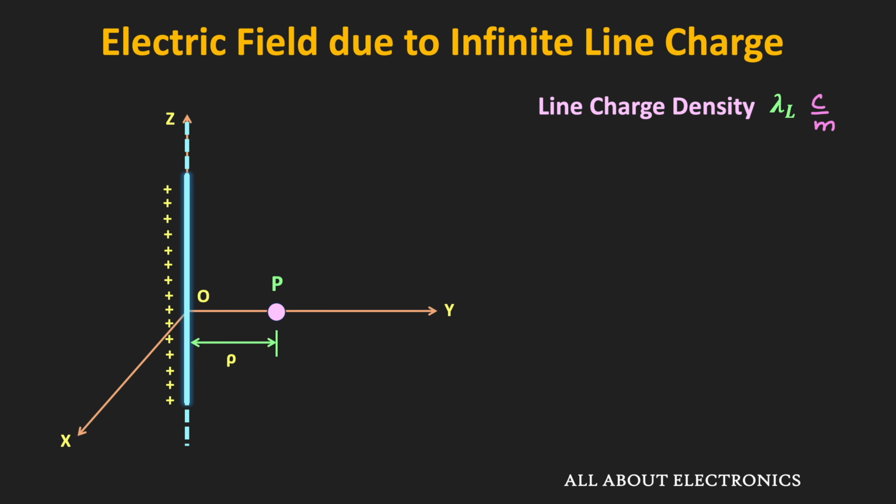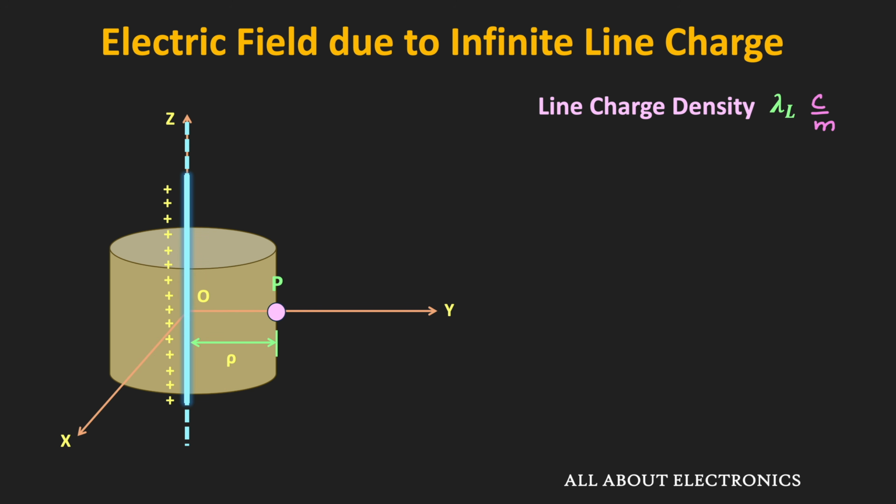So here, to find the expression of the electric field, we will take the cylindrical surface as our Gaussian surface. And here, this surface is chosen such that this point P falls on the curved surface of this cylinder. As I said, due to the axial symmetry, this electric field or the electric flux density will only have the radial component.